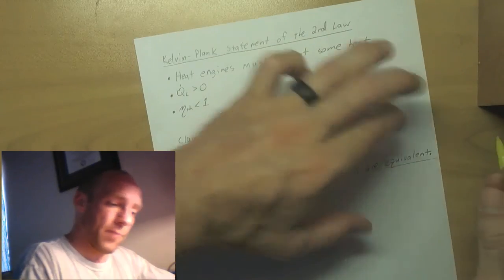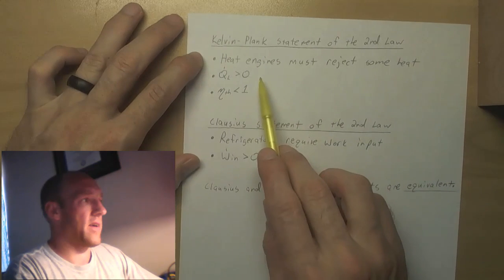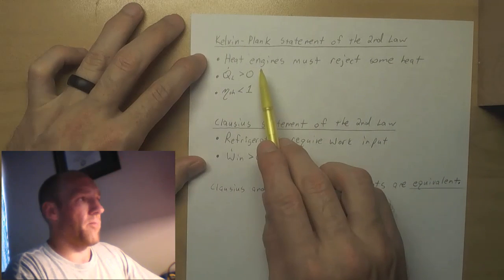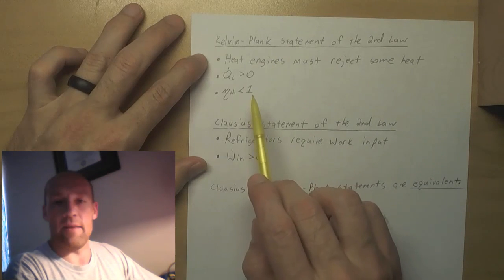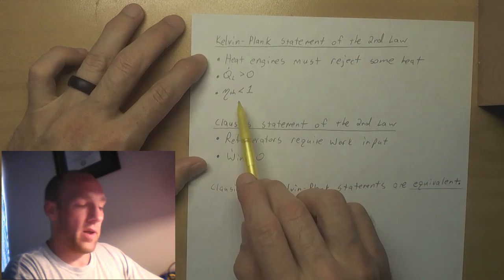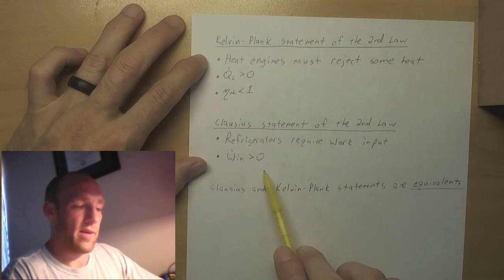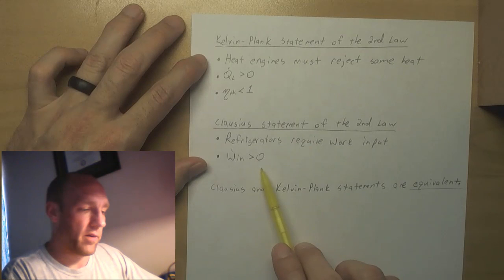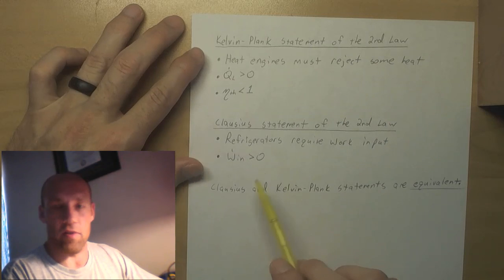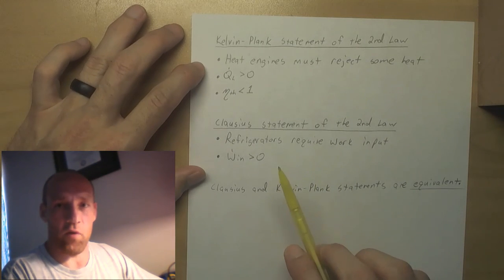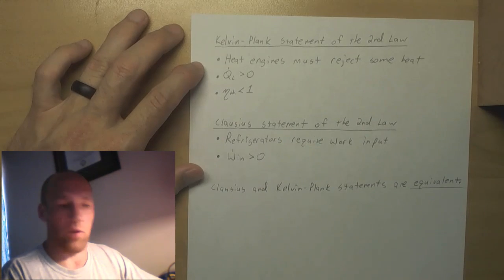You can look it up, but essentially, I could use a heat engine with a thermal efficiency of 1 to drive a refrigerator, and as a consequence, I would be naively transferring heat from a cold to a hot object without work input.